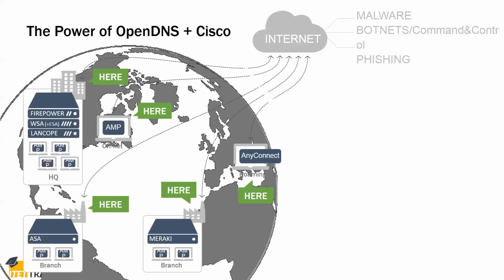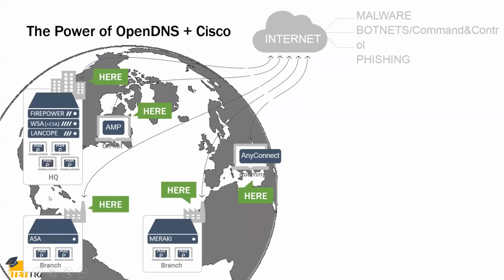Okay, so here you can see, as a Cisco product, you have HQ, you have endpoint security, you have WSA, the email security, the Firepower, which is AMP, and the next generation firewall.